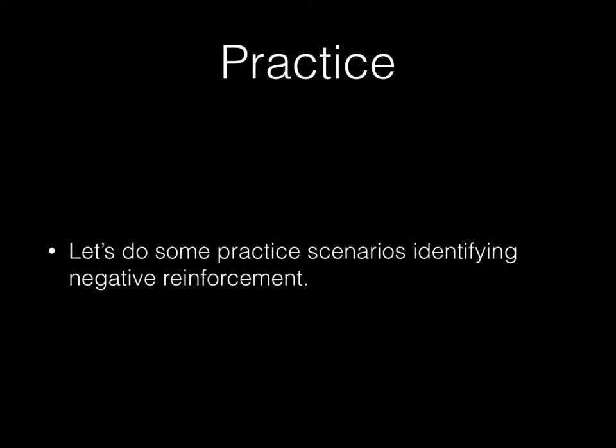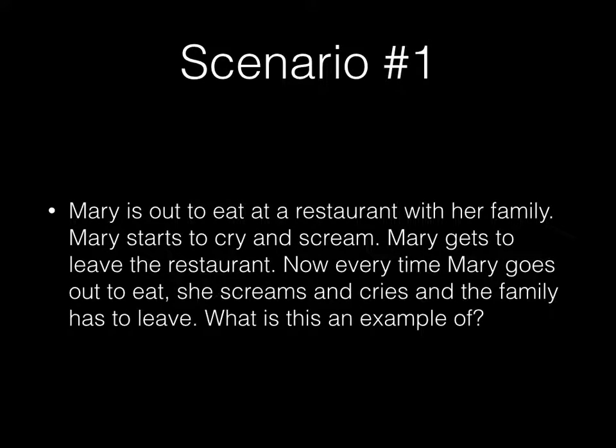So let's do some practice scenarios identifying reinforcement. You can always just pause the video if you want to take time to try to figure it out. Scenario number 1. Mary is out to eat at a restaurant with her family. Mary starts to scream and cry. Mary gets to leave the restaurant. Now every time Mary goes out to eat, she screams and cries and the family has to leave. What is this an example of?